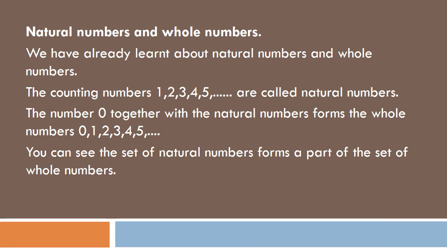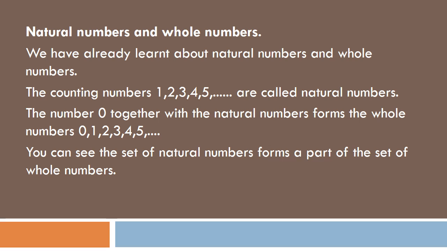Now, natural numbers and whole numbers. We have already learnt about natural numbers and whole numbers. The counting numbers like 1, 2, 3, 4, 5 and so on all are called natural numbers.